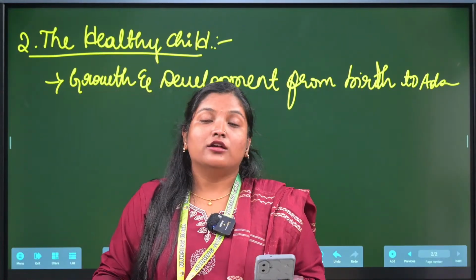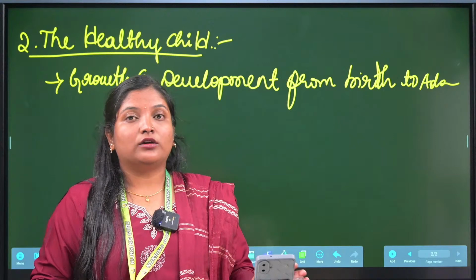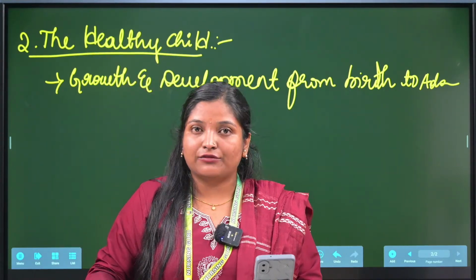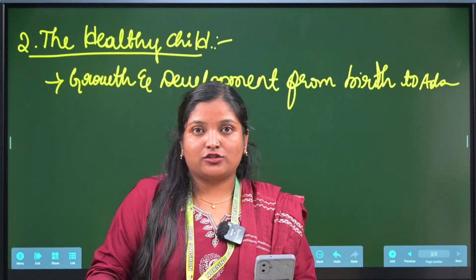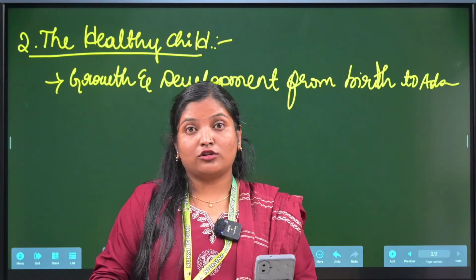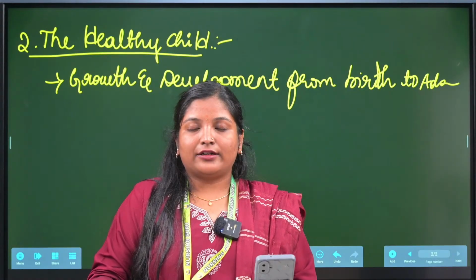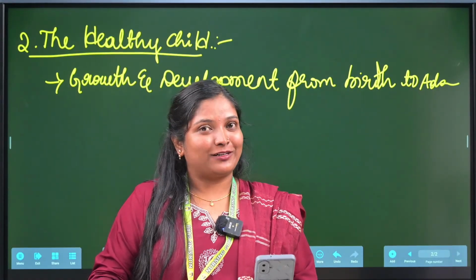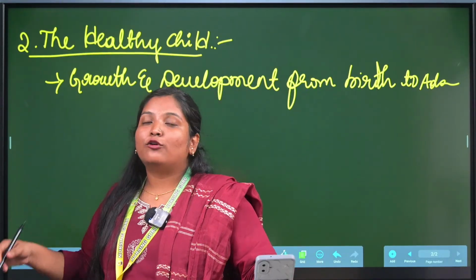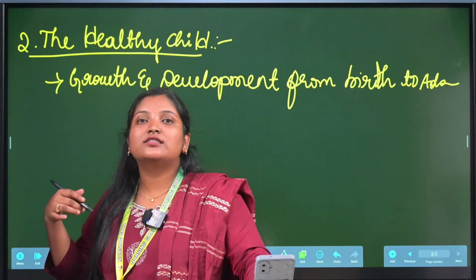Till then, whatever the growth and development is, you have to write: cognitive development, language, and physical development. Anthropometric measurement means what? We keep on assessing the physical growth.